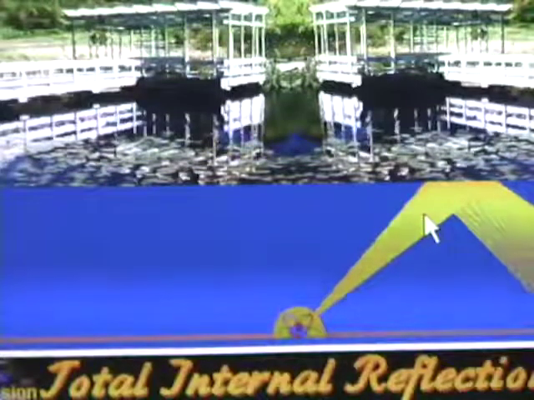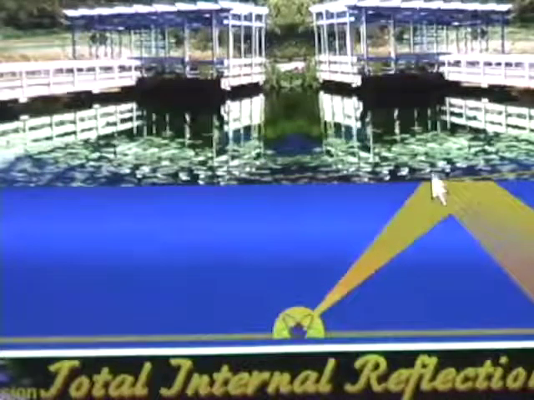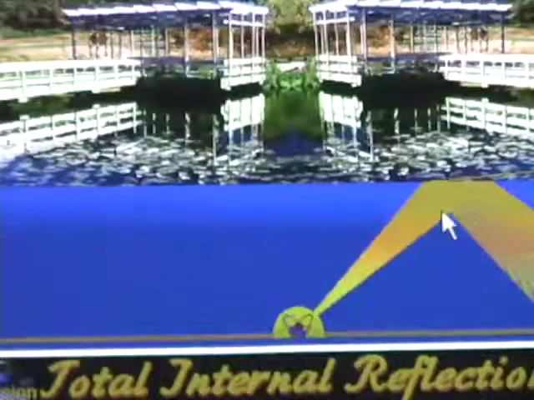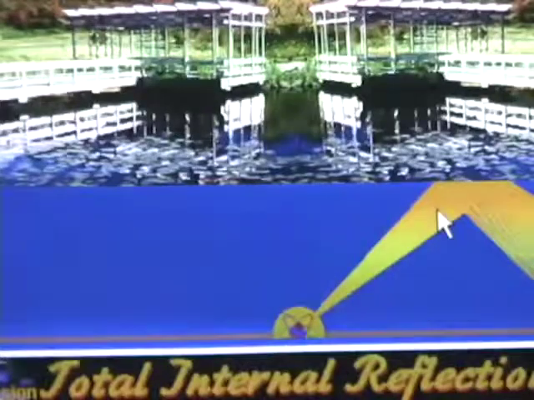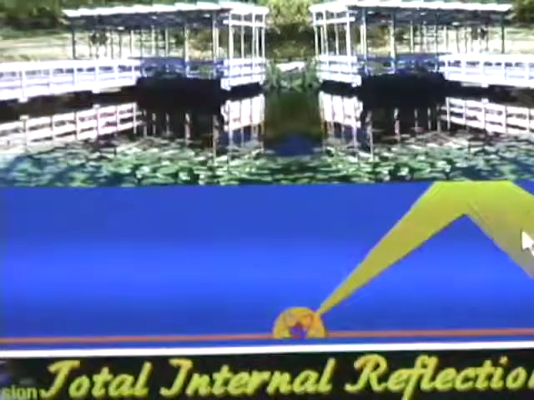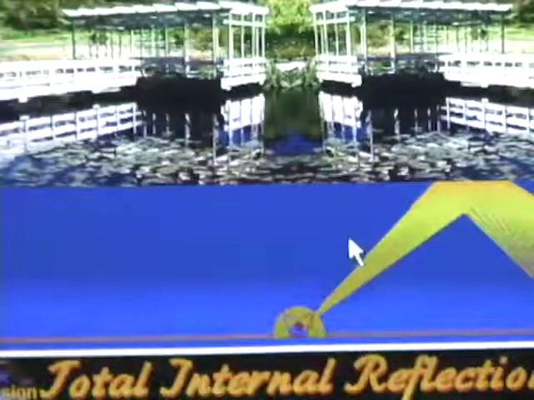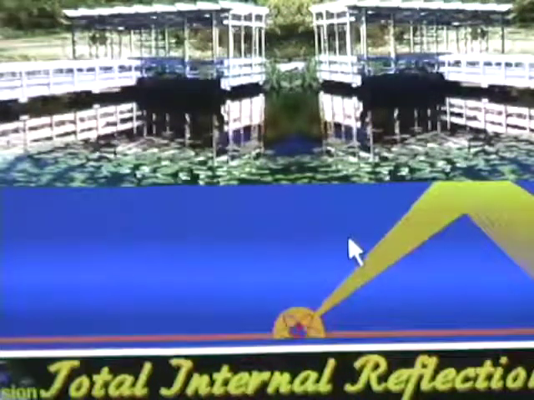This particular angle of incidence is called the critical angle, and if you increase the angle of incidence beyond that, all the light is reflected back. No light escapes into the less dense medium. This phenomenon is what we call total internal reflection.